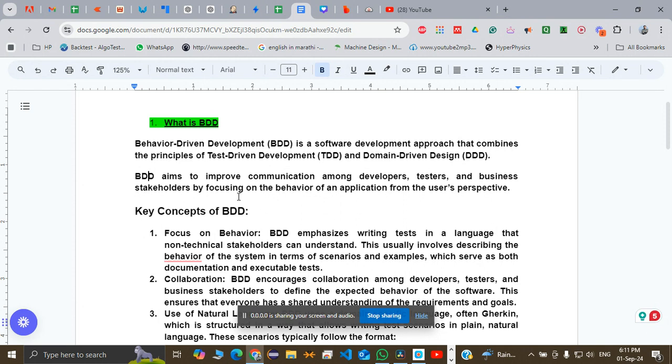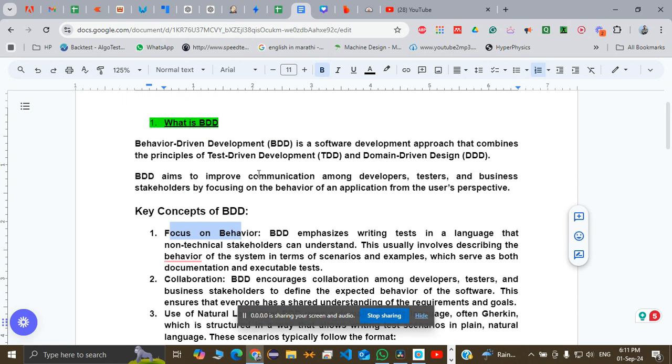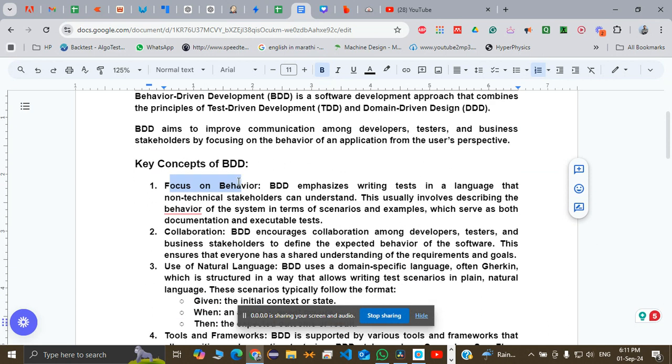Okay, so now the key concepts of BDD. First is the focus on behavior. There are multiple types of methodologies like TDD and DDD, which focus on their individual points, but behavior driven development emphasizes writing the test cases in a language that non-technical stakeholders can also understand.